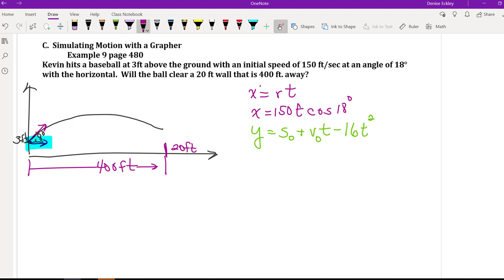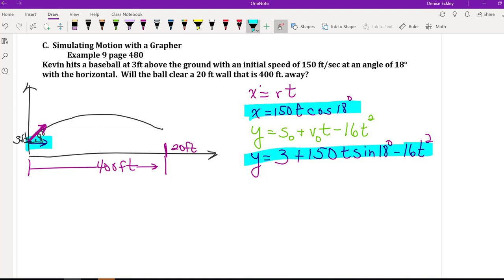So we're going to fill that in, and we're going to get y equals, Kevin starts 3 feet above the ground, plus the initial velocity, which is going to be the y component of this vector, 150t times the sine of 18 degrees, and then minus 16t squared. So there are the two equations for the ball. Now, how do we put the fence in? So those are the ball.